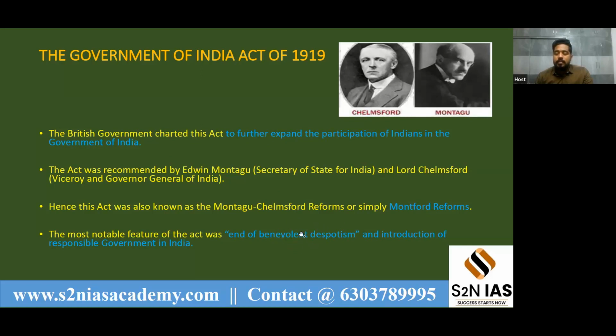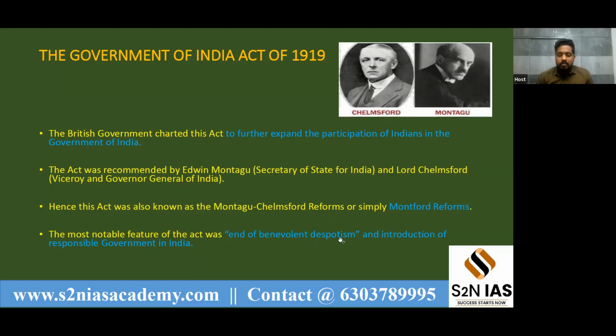In this concept, the ruler, for suppose here Mr. Chelmsford, the Viceroy of India, feels himself superior to the subjects, meaning Indians. So the authoritarian head of the state feels himself superior to the subjects and wants to brainwash, liberate, and civilize his subjects by his administration. That kind of thinking is called benevolent despotism.